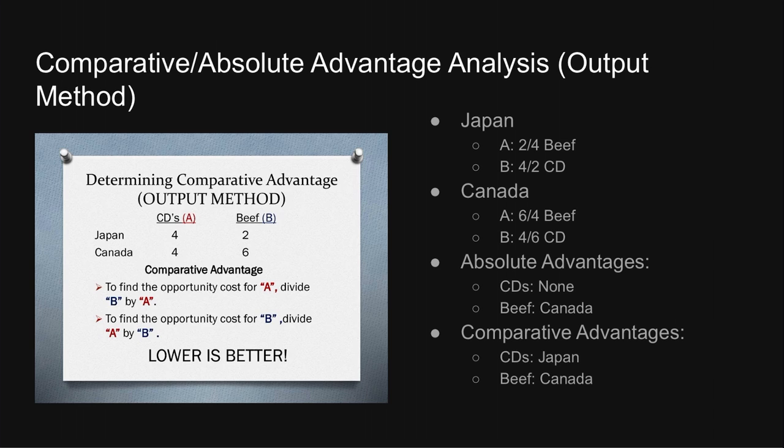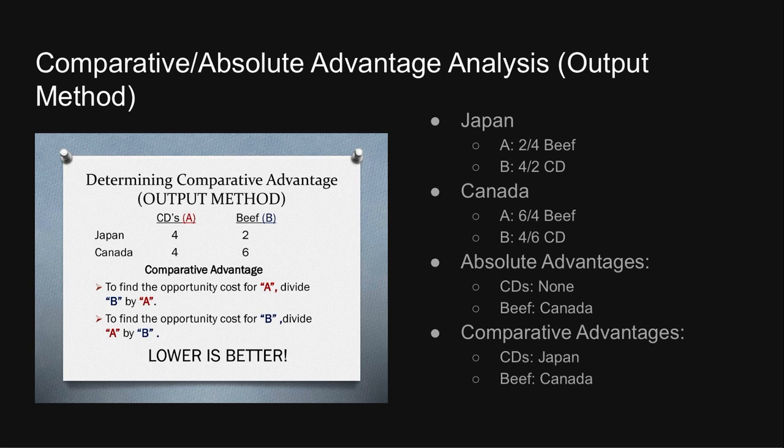Let's start off with the absolute advantage, as it's a lot easier to recognize. Absolute advantage is just how much each nation can produce and which one can produce more given the same resources. If we look at Japan, Japan can produce 4 CDs, and Canada can produce 4 CDs.